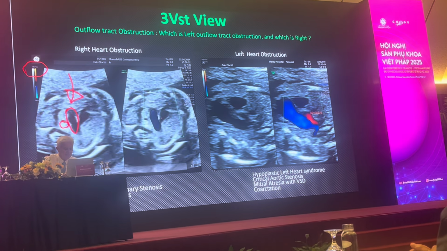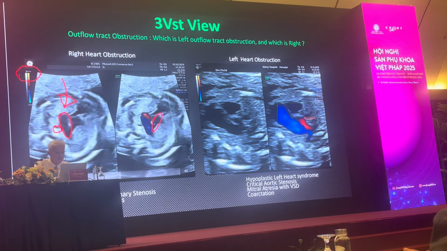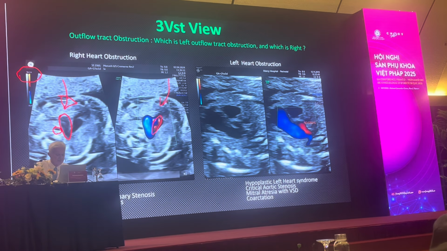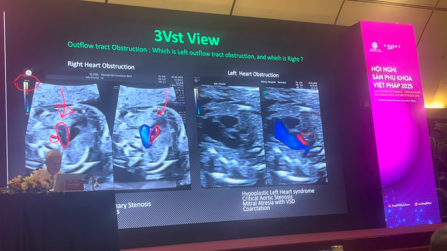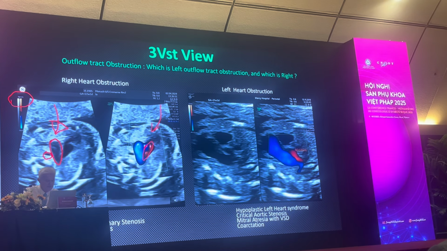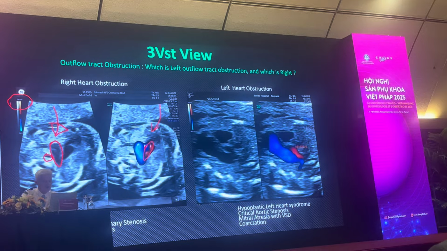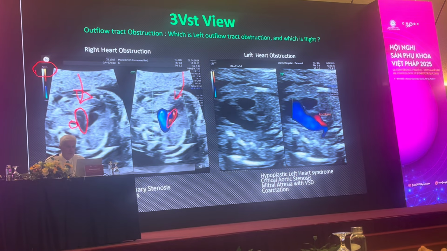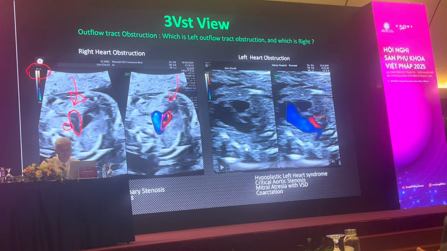But when you look at the arterial duct, there is reversal of flow. Therefore, this baby has pulmonary atresia with intact ventricular septum, pulmonary stenosis, Ebstein's, or tricuspid valve dysplasia. This baby is going to require prostaglandins at delivery.